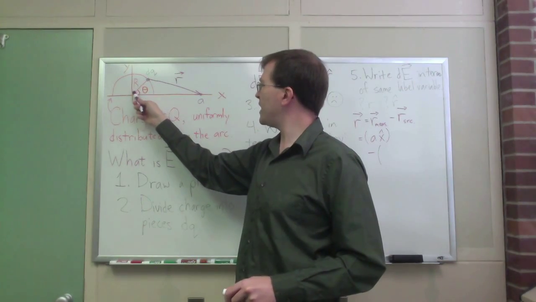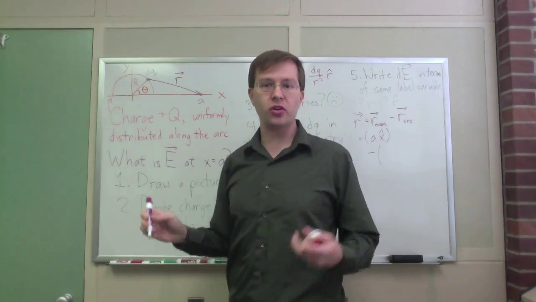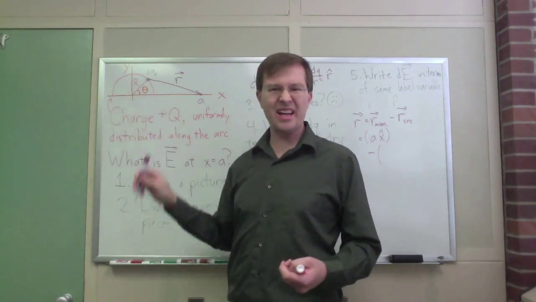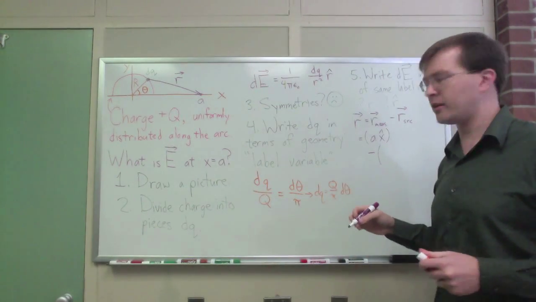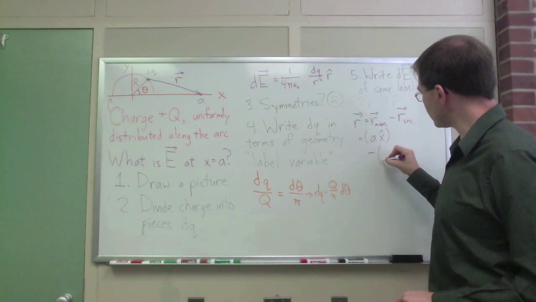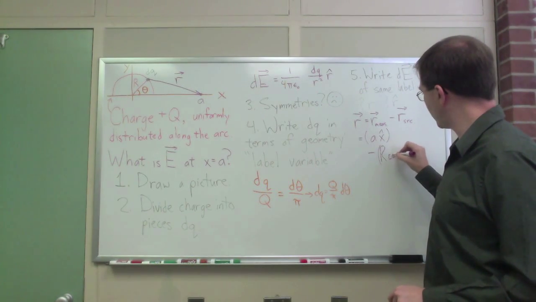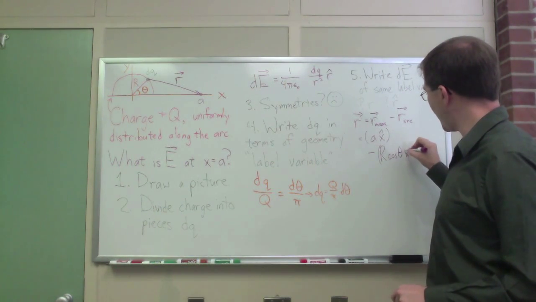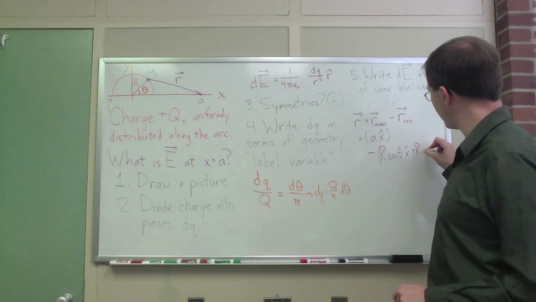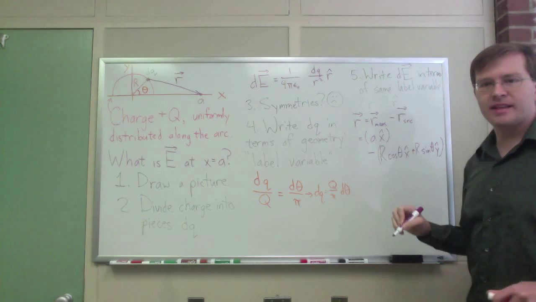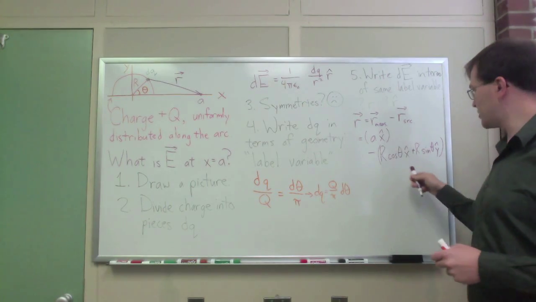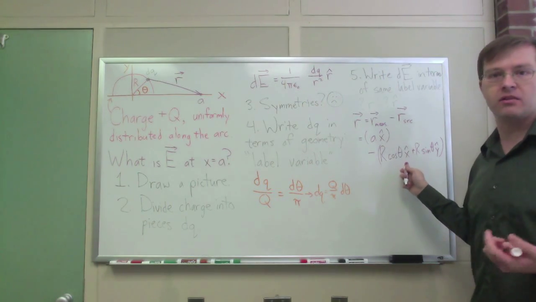This dq is at some xy on that circle of radius r, and I've written theta. This is a big trig thing, just sines and cosines. So in particular, it's going to be r cosine theta x hat plus r sine theta y hat. That's my source point, just cosine and sine, radius r, standard thing.